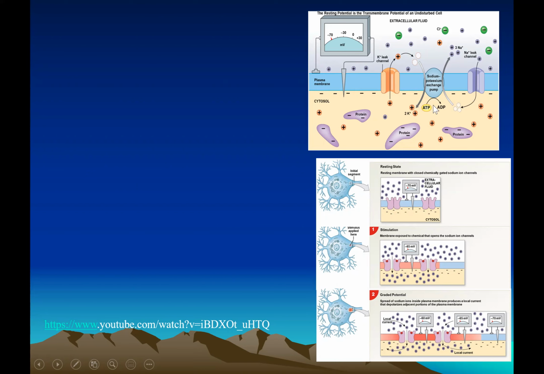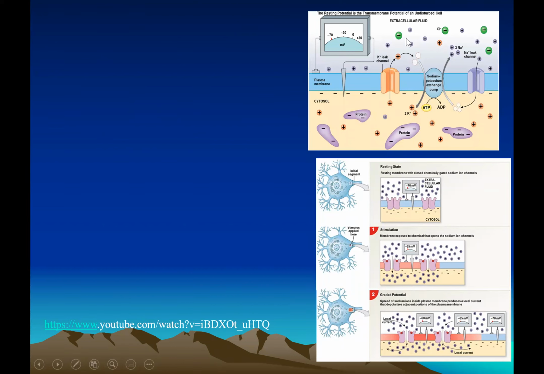Whereas the sodium potassium pump is a voltage gated active transport. It will pump out 3 sodium ions and bring in 2 potassium ions. There are also some proteins in the cytoplasm that are negative. So overall, in a resting cell, the inside of the cell is negative compared to the outside of the cell, which has more sodium and chloride.